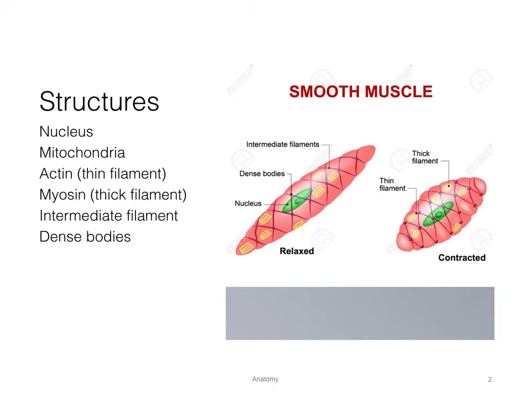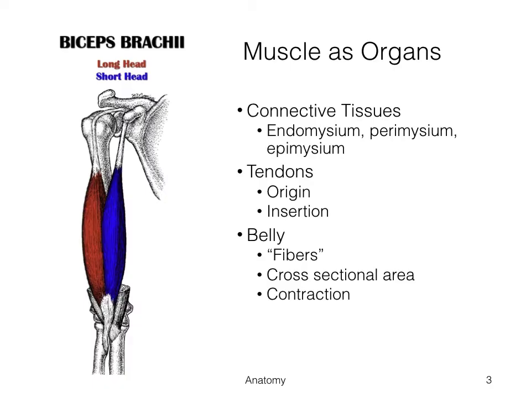These dense bodies are attached to intermediate filaments that are part of the cytoskeleton. So you don't see a regular arrangement of fibers, but what you see looks like these kind of crisscross arrangements. Then from muscle cells, we go to muscles as organs.